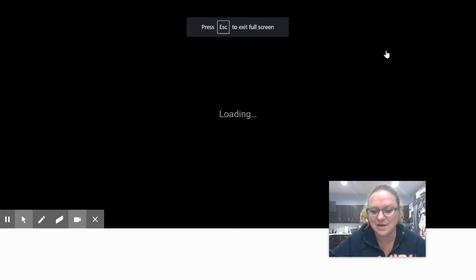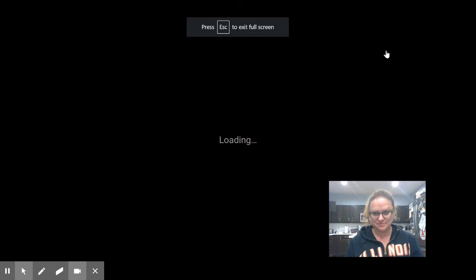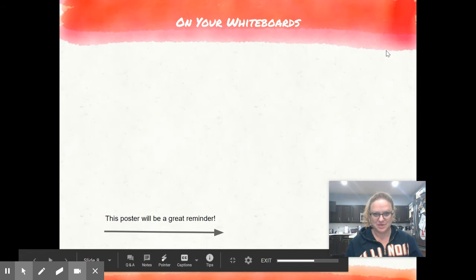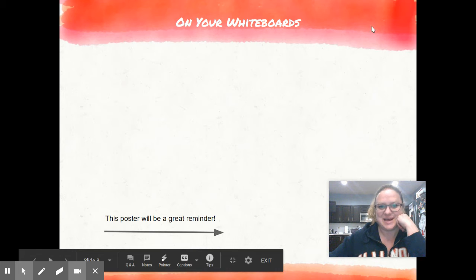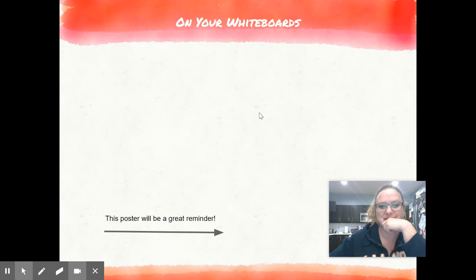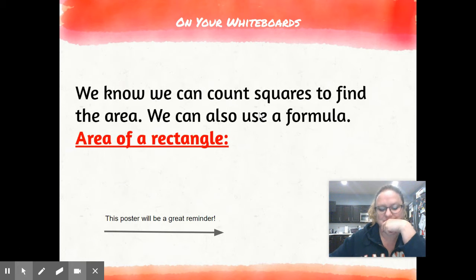All right, on your whiteboards, let's back up. We know we can count squares to find the area, but we also have a formula.